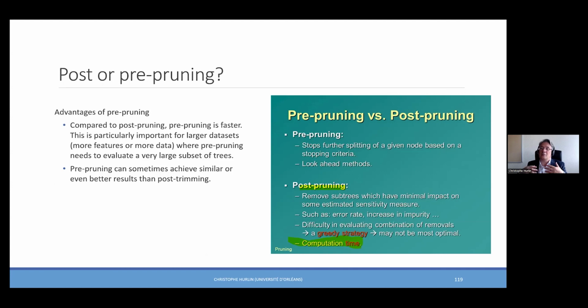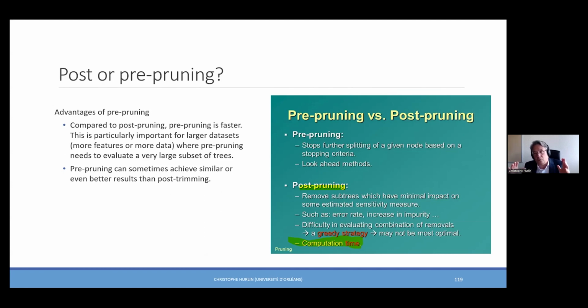When I have a very complex tree, there are many combinations of subtrees that I can prune. And so when I have a huge data set, it takes a very long time to do a post-pruning approach.